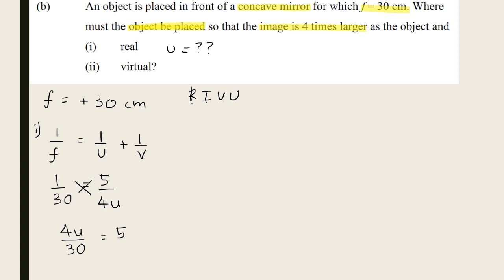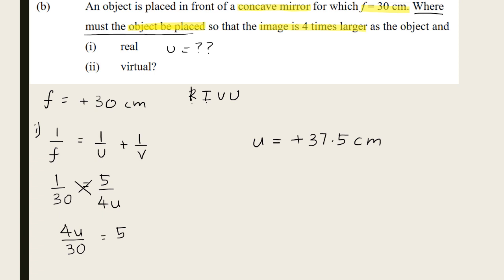Okay, so 1 over 30 is equal to 5 over 4u. Let's do some cross multiplication. And in the end, the answer that you'll get, I hope it is the same as mine, is positive 37.5 cm. Okay, but we didn't exactly answer the question because it says where must the object be placed.